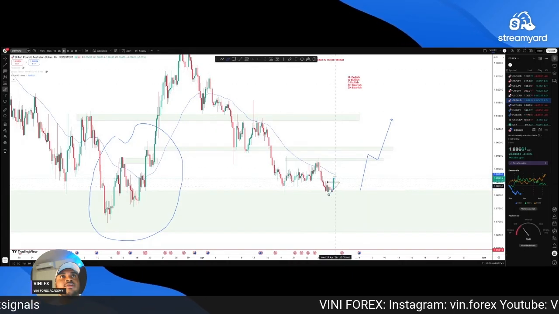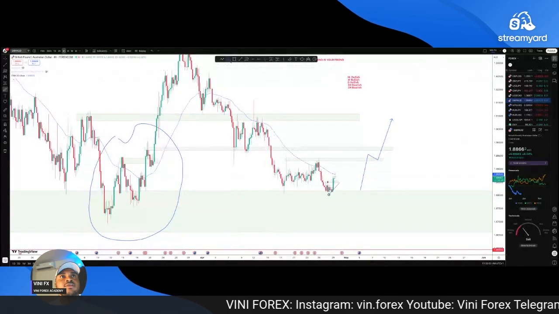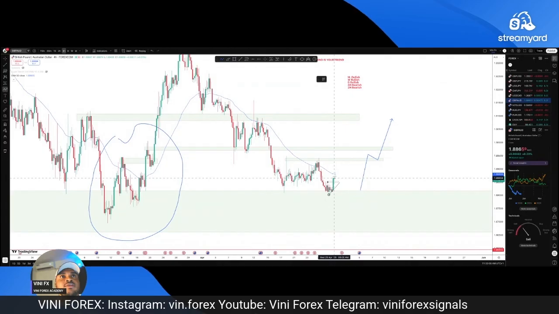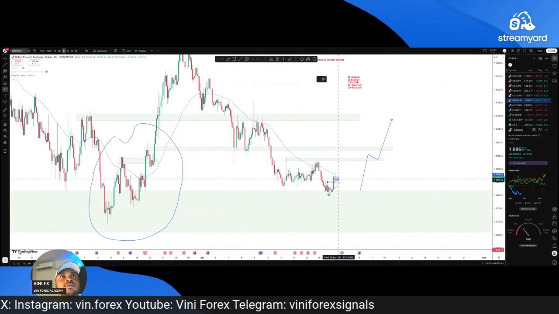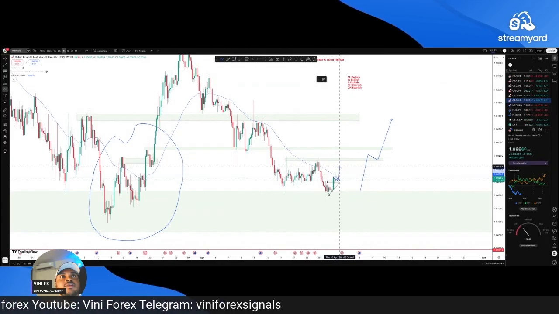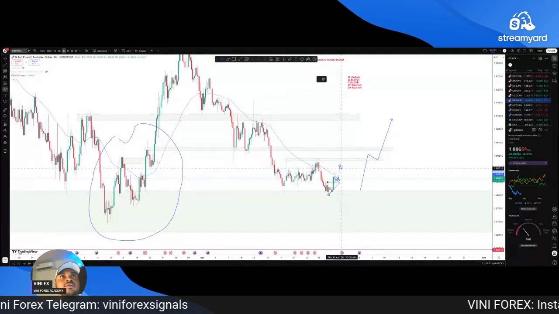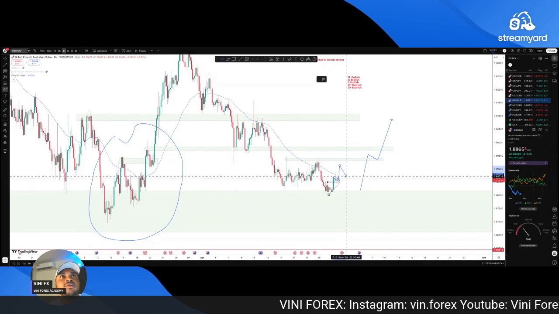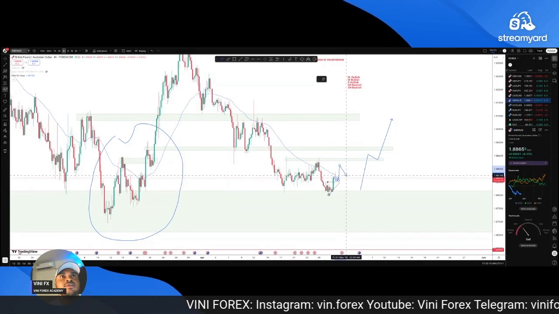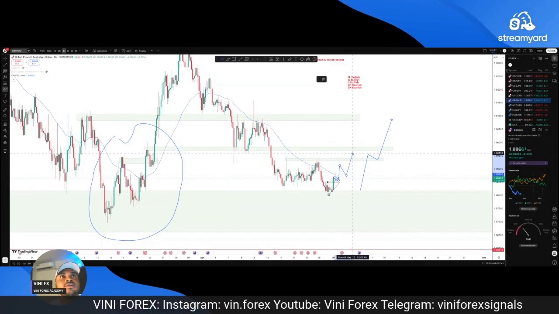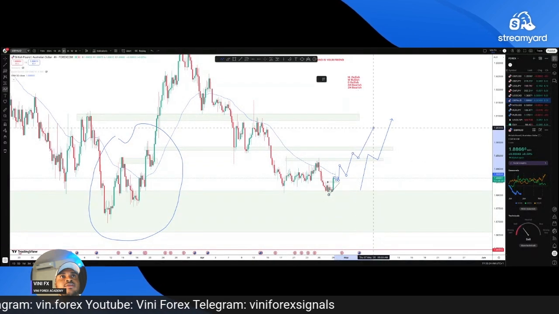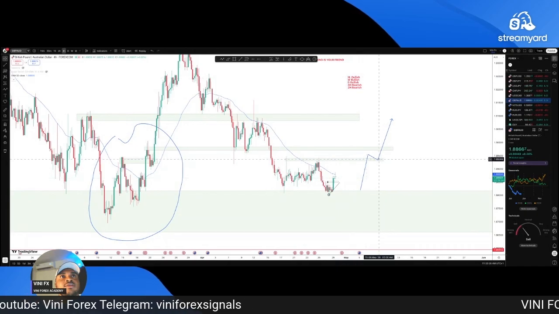So the price can decide to play around a bit, still push up, come down small again, still push up, retest a little, then come back up again. I'm expecting it to still go up there.